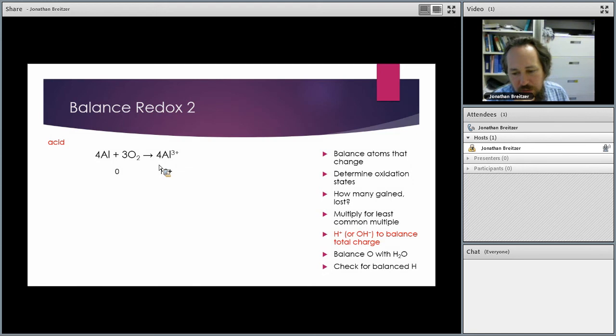All right, so the charges are not balanced, of course, so we have to add H plus or OH minus. We're balancing an acid this time, so we're going to add H plus. We're going to add H plus to whichever side is more negative to bring it up. So we're going to add H pluses to the left side to bring it up. The difference is 12, so we need to add 12 H pluses.